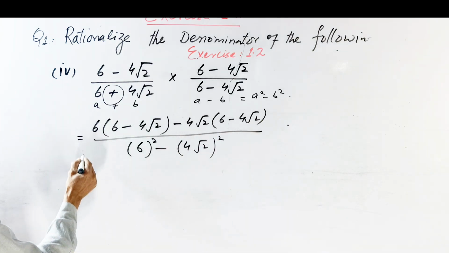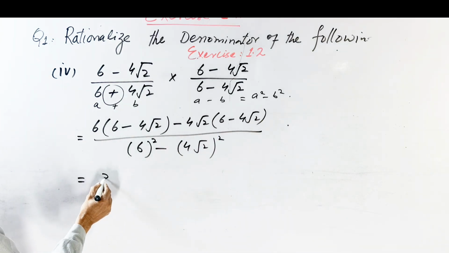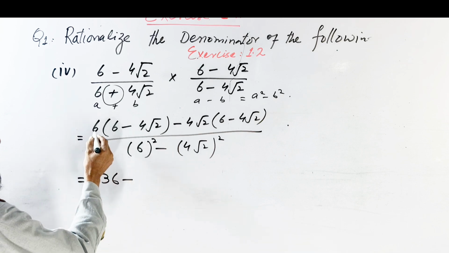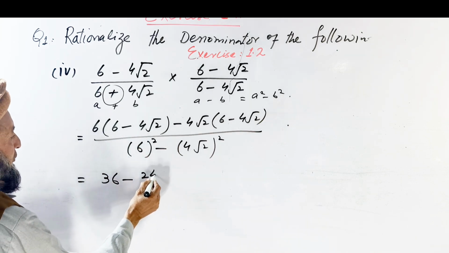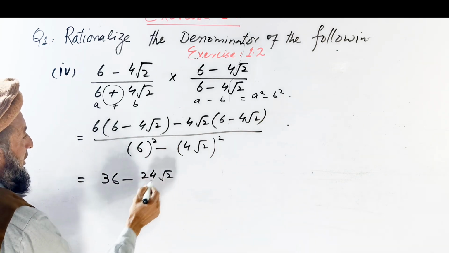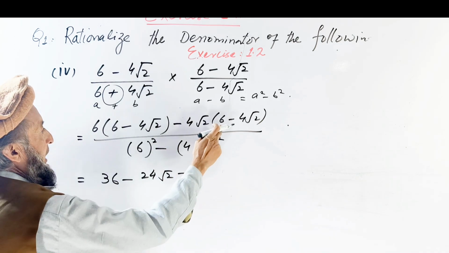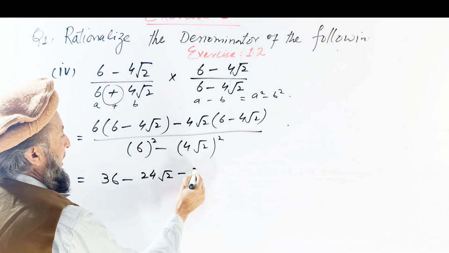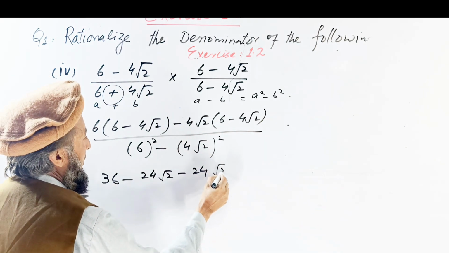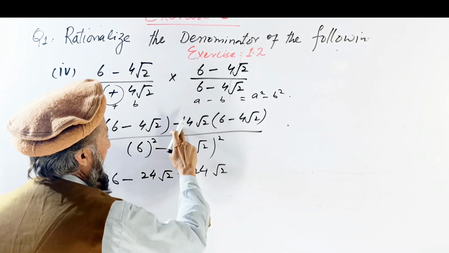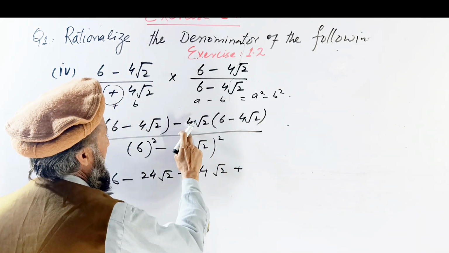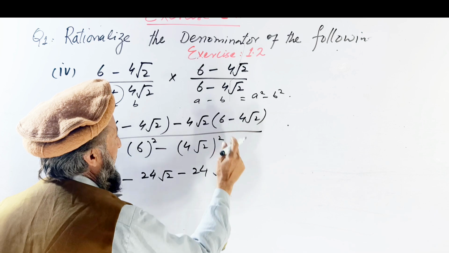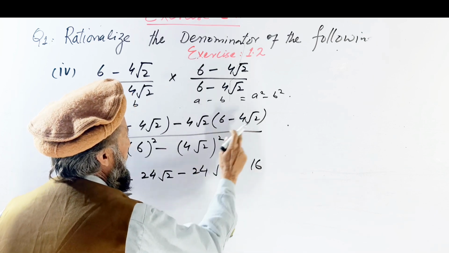Now first of all we are multiplying this term, 6 multiplied by 6 is 36, and 6 multiplied by 4 we get 24, 2 under the root minus, and 6 multiplied by 4 we get here 24 and 2 under the root, and minus into minus plus 16: 4 multiplied by 4 we get 16, and 2 square root multiplied by 2 square root.